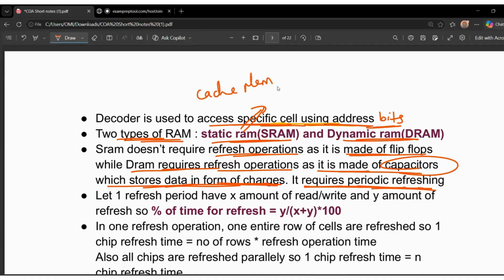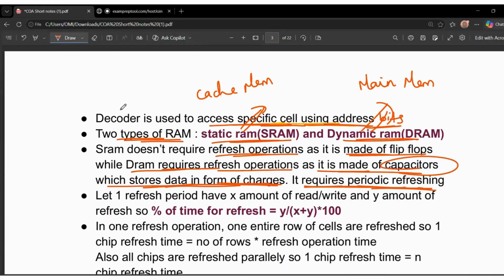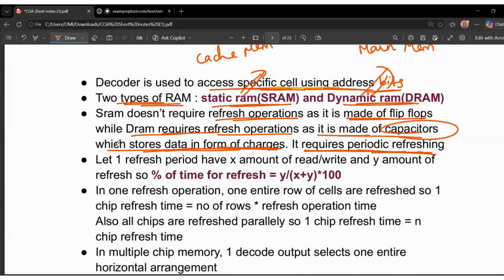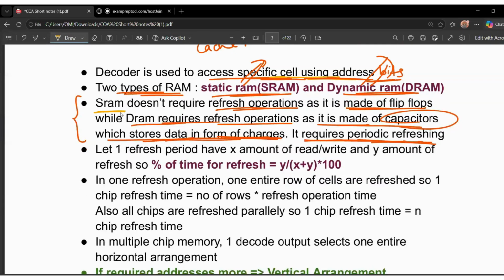Cache memory is made up of SRAM, and main memory is made up of DRAM. We have seen a table of differences between static RAM and DRAM, but that table is not important. You just need to know the definitions of what SRAM and DRAM are.